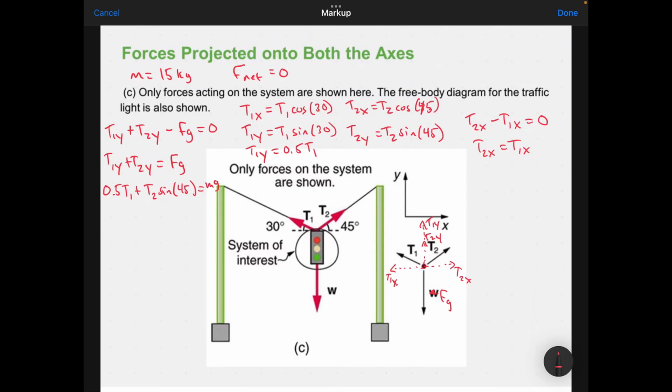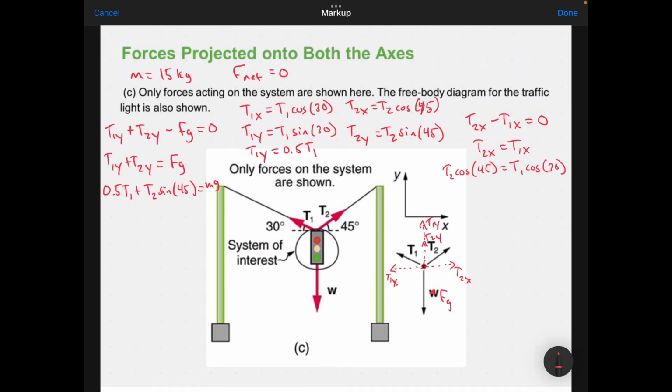We're going to swap out FG for mg. And then for the x's, unfortunately, no special things happen with cosine of 30. Cosine of 60, though, is 0.5, but not what we're looking at. So T2 cosine of 45 equal to T1 cosine of 30.